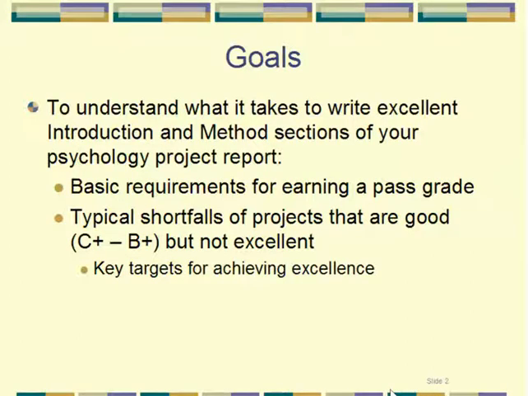Second, to understand the typical shortfalls of projects that are good, meaning they are in the C+, B+ range, but not excellent. They are not A-, A, or A+. And by clarifying the second point, our goal is to identify the key targets for achieving excellence.